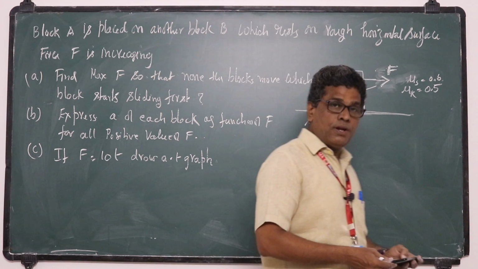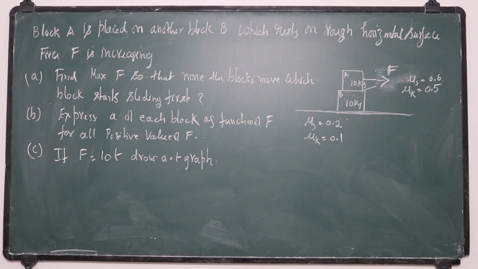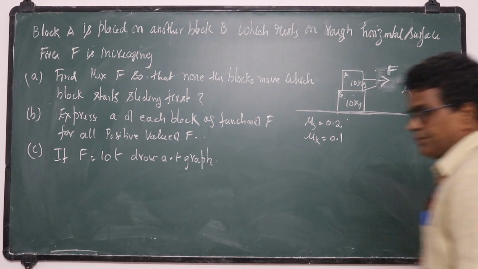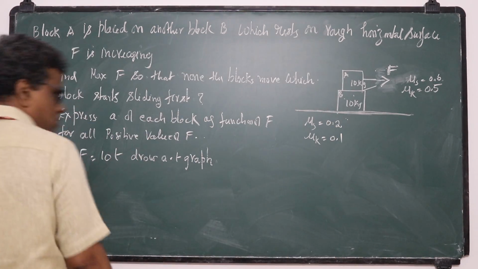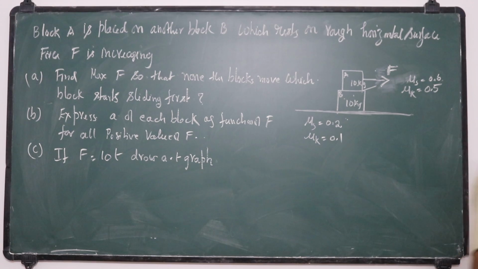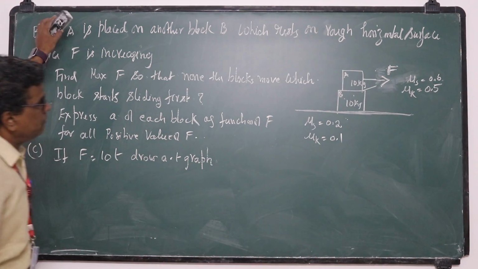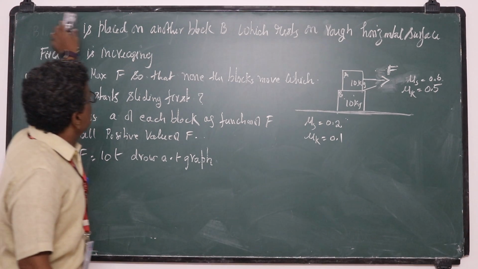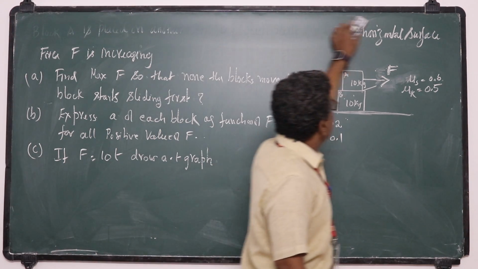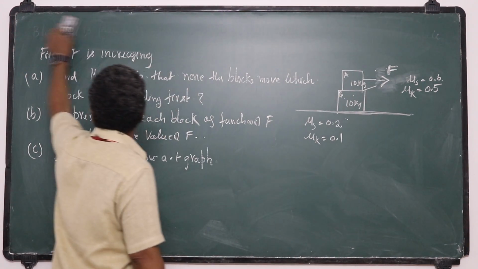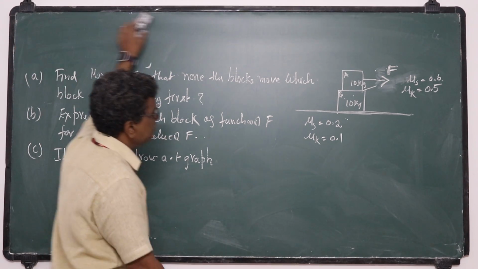Okay. Now you check once. So you first draw this. Okay, this is the problem. So block B rests on a horizontal surface. F is increasing.